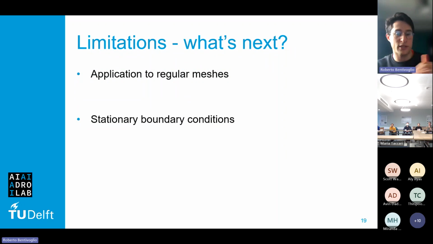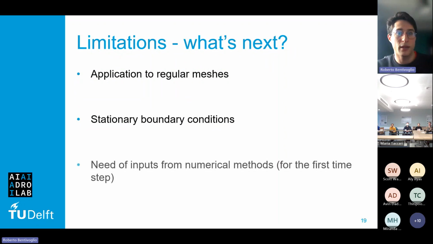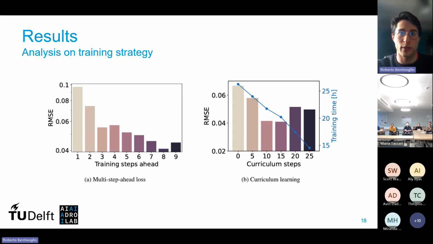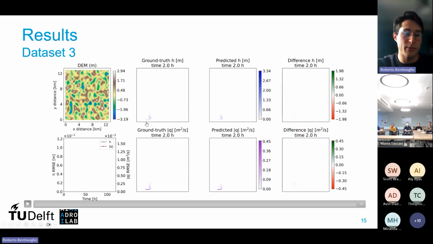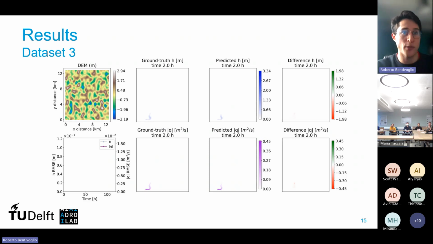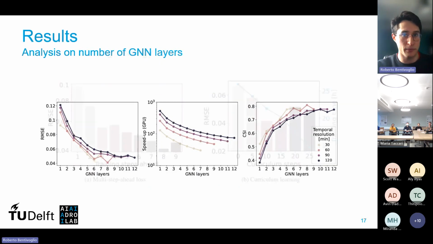So we have a constant inflow discharge. And we also needed, as you might see from here, some sort of input from the numerical model to determine where the flood starts from, because we don't have a proper treatment yet of boundary conditions. So we're still dependent on the numerical model.